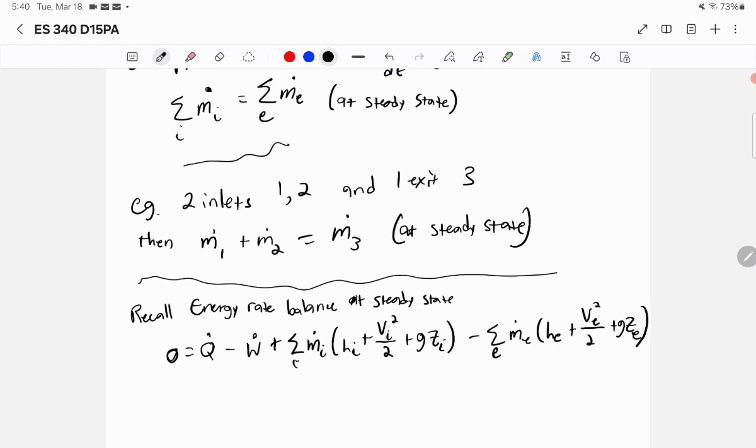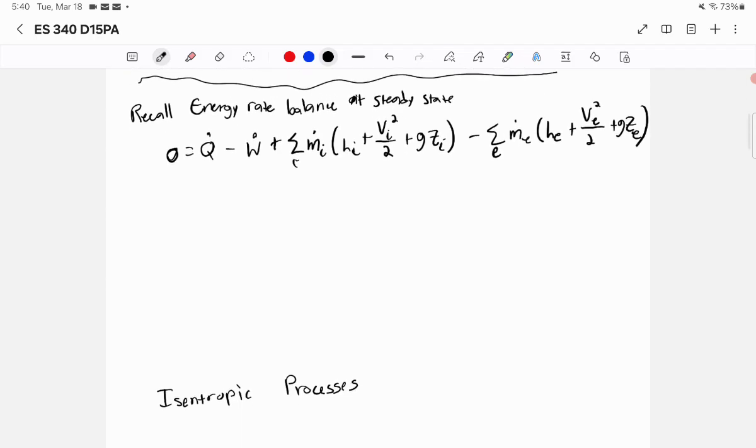A lot of times this obviously simplifies if it's just a single inlet and a single exit, right? Let's call the inlet 1 and the exit 2, it becomes m1 dot times h1 plus v1 squared over 2 plus gz1 minus m2 dot, and at steady state m1 dot and m2 dot would have to be equal to each other if it's single inlet, single exit, times h2 plus v2 squared over 2 plus gz2, right? That would be what it would look like.